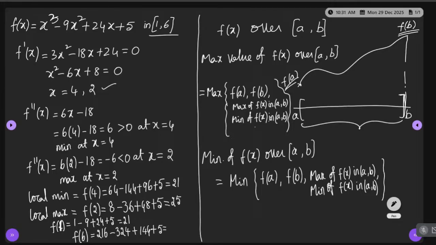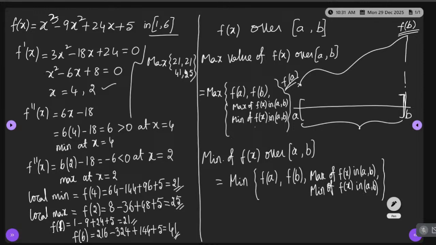What is the total value? 41. What is the maximum value? Maximum among these: 21, 25, 41.